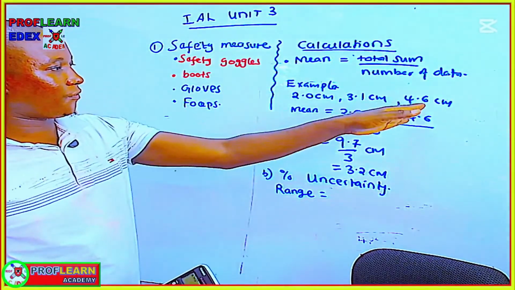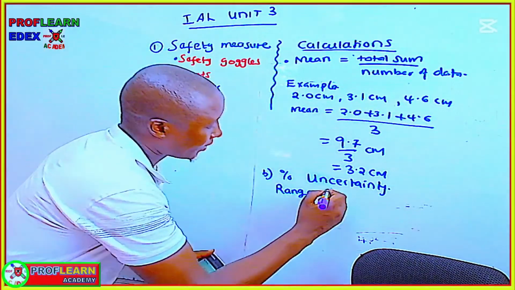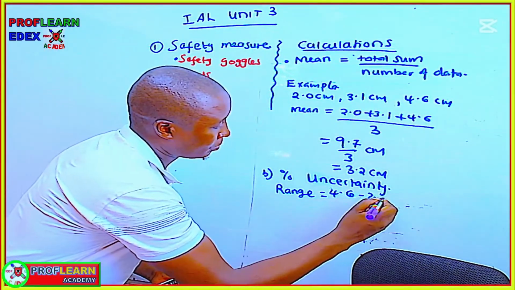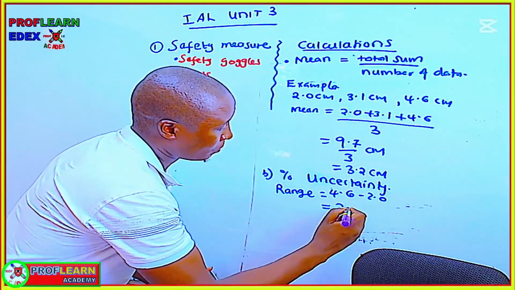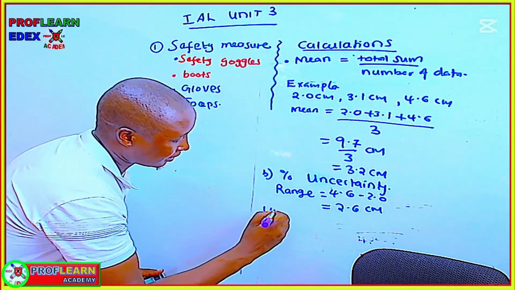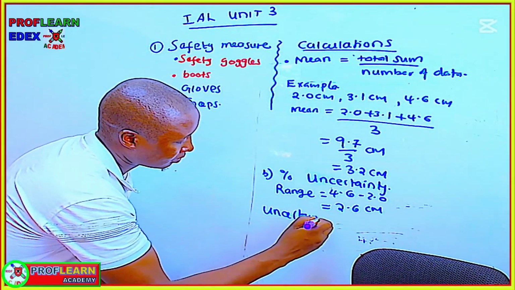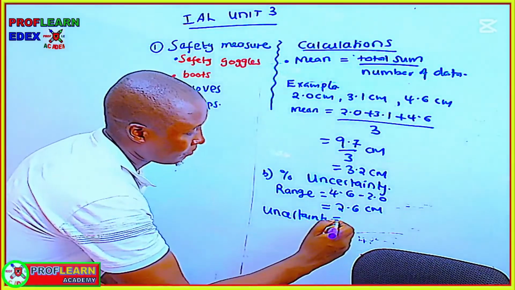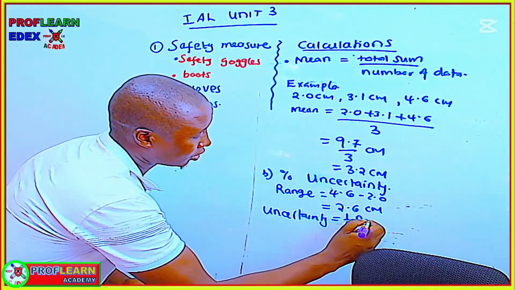The largest value minus the smallest value, that will be 4.6 minus 2.0, and that will be 2.6 centimeters. Then the uncertainty is going to be a half of the range.